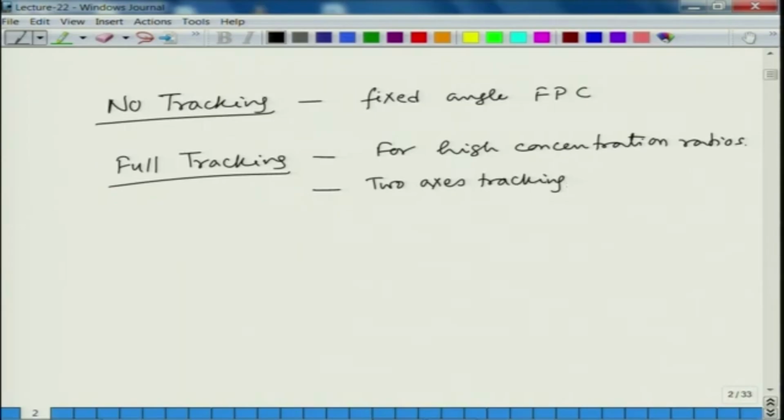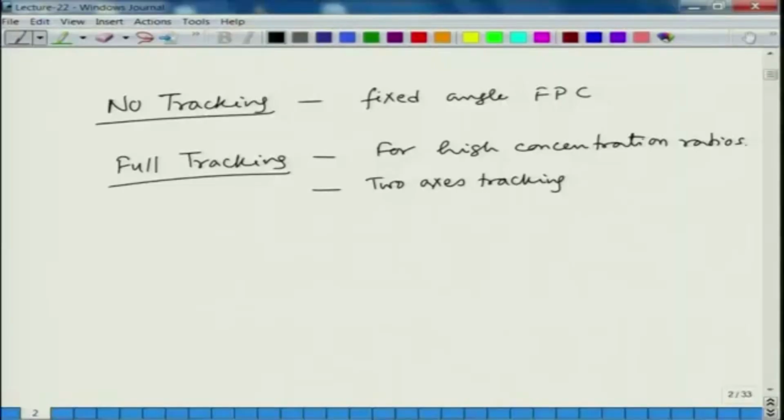One is from east to west, which is the diurnal motion, the other is from north to south, which is seasonal motion. As the sun moves in 2 different orientations, your tracking system also should have 2 different orientation motions, and then only you can track the sun perfectly.